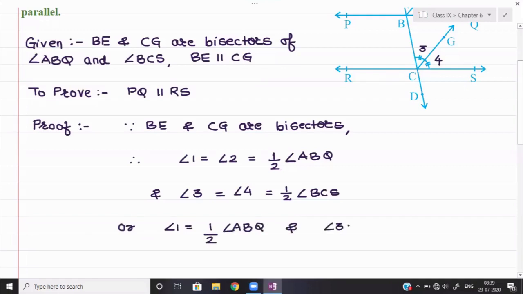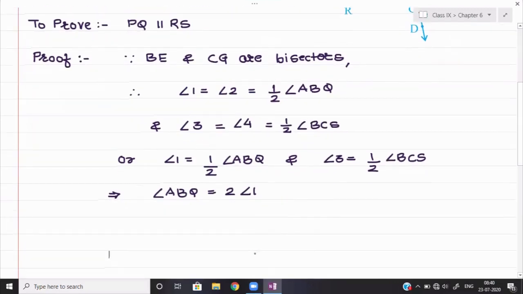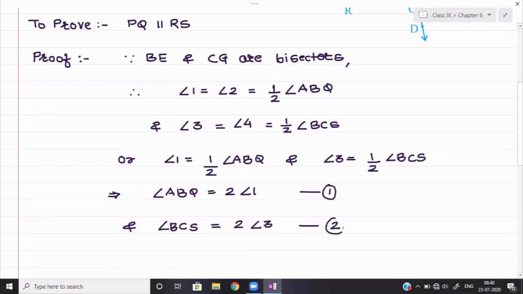And angle 3 is equal to half of angle BCS. Now if I transpose the terms, the 2 comes over to angle 1, so angle ABQ is equal to 2 times angle 1, that is one equation. And the second, angle BCS is equal to 2 times angle 3. This is my equation number 1 and this is my equation number 2.